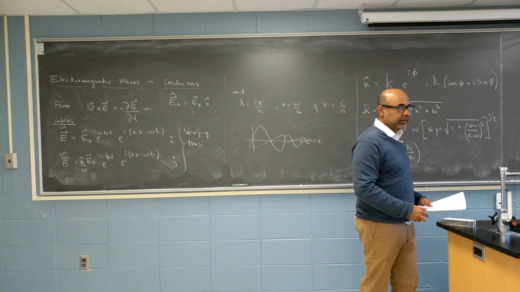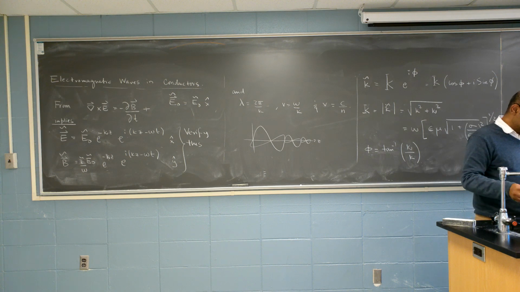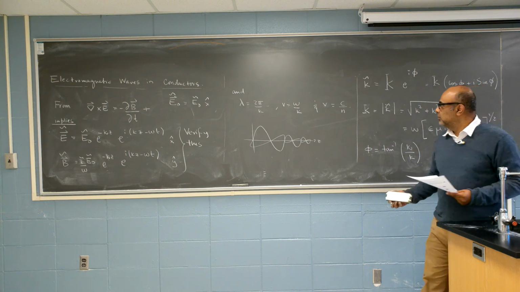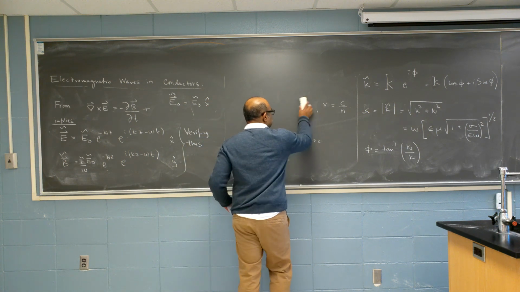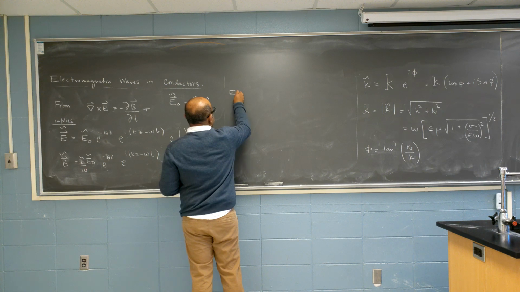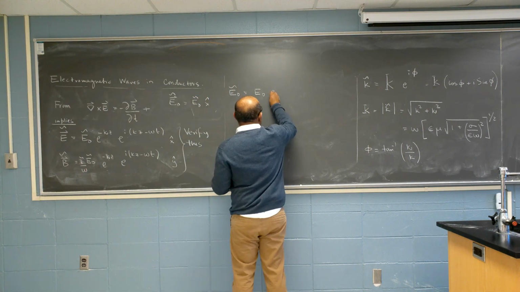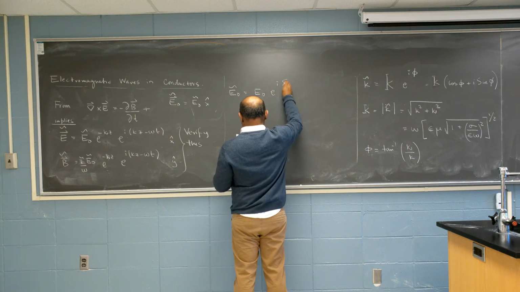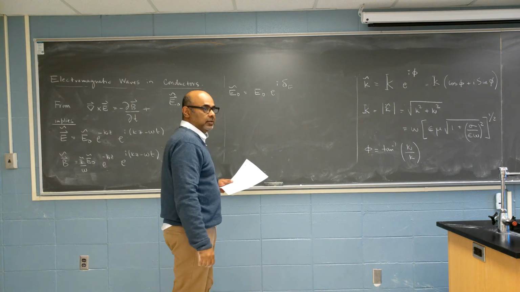Using this, we can get the relative phase for E and B. I'm going to write E0 tilde as some real E0 times e to the I delta E, the phase of the electric field.